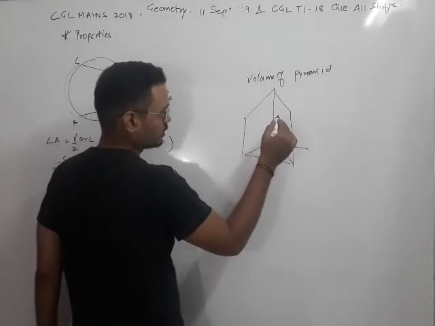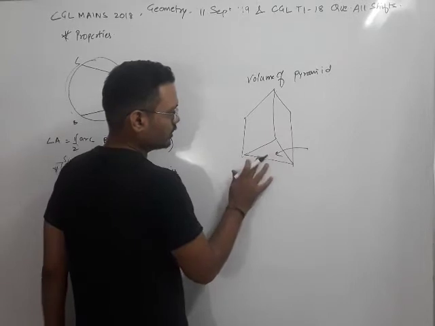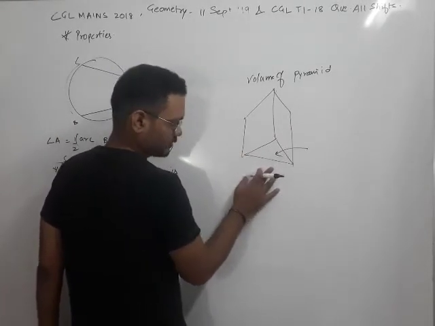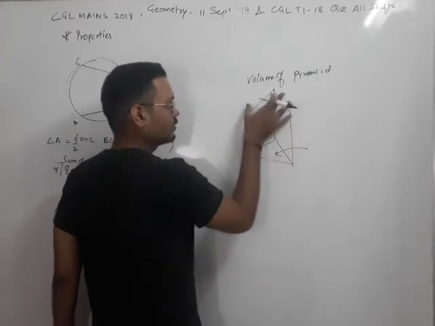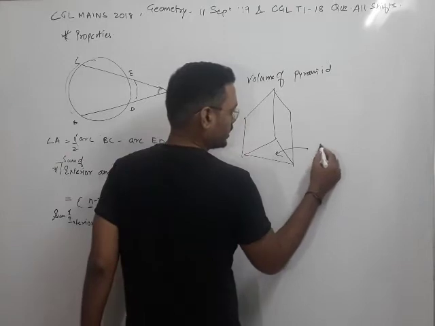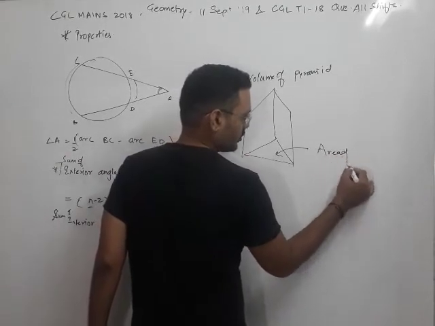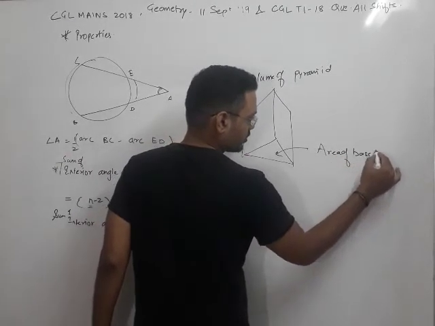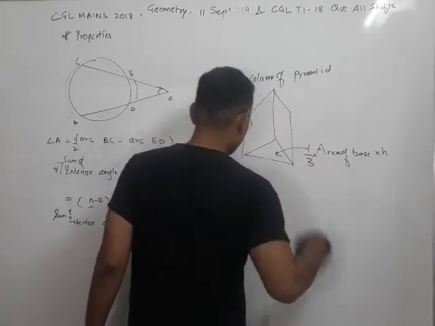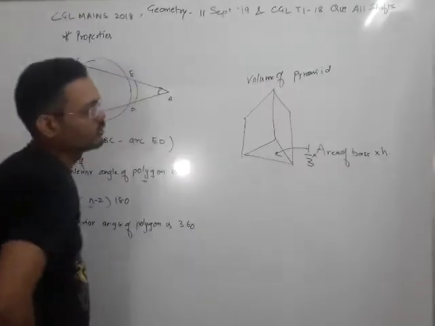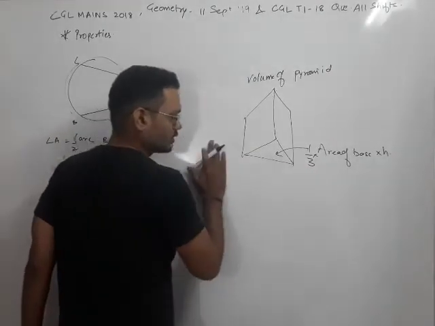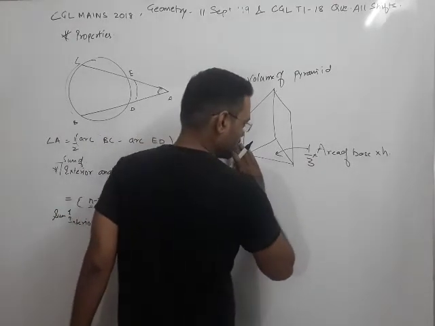So the base structure is like this, and they want to know the volume. We have to do nothing but 1 by 3 into area of base into height for a pyramid. We'll see the sums and then we'll understand, just in case someone has not done it.